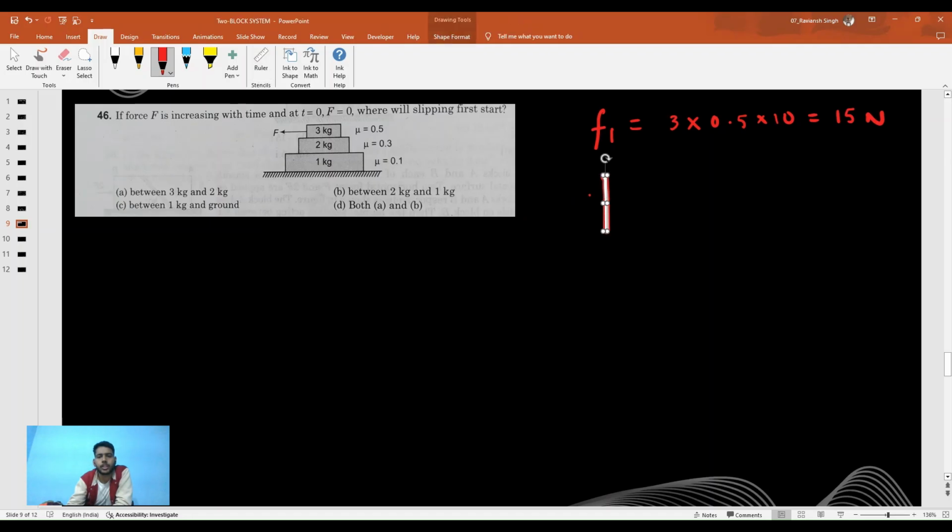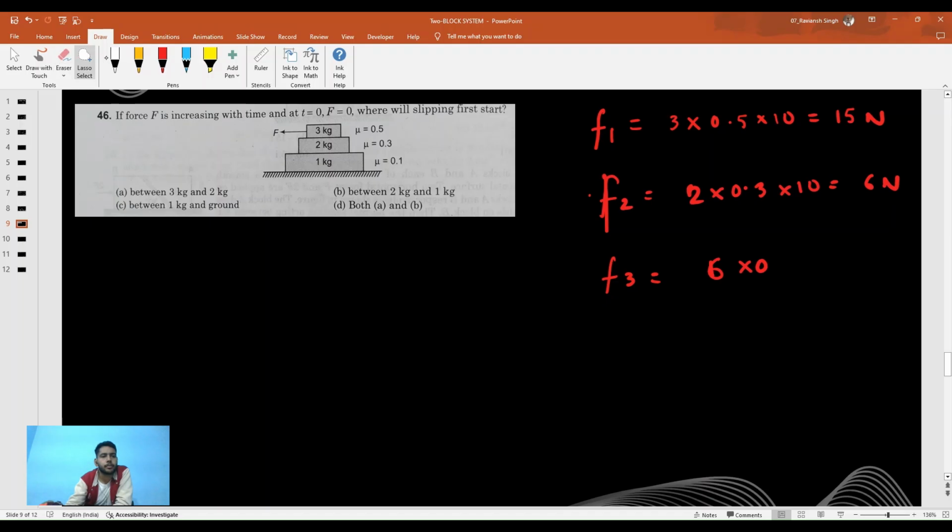What can we find for the second case? F2 will be equal to 2 into 0.3 into 10, equal to 6 newton. Okay, what can be found for F3? In the above case, I have made a mistake. We'll correct it. The mass will not be 2 kilogram.